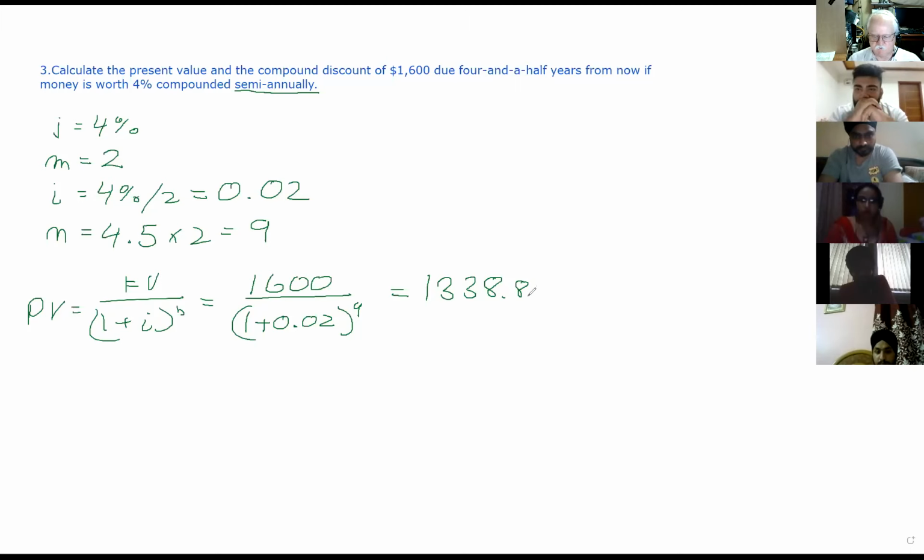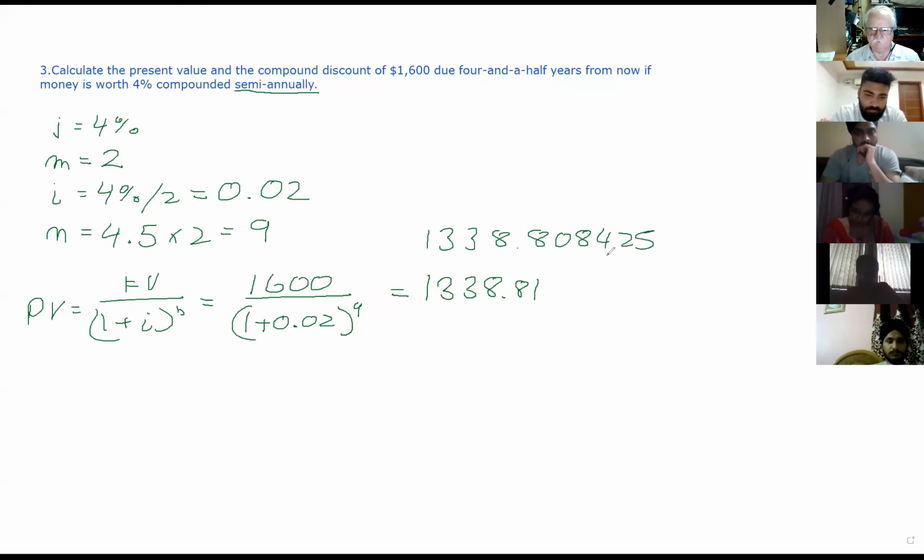I think I'm actually going to go for 1338.81 here. Does that make sense? I notice every answer I have up here says 1338.80, but the number I'm getting is 1338.808425.